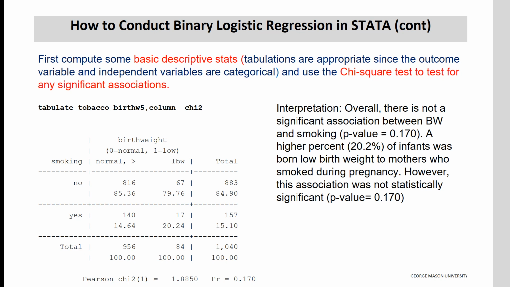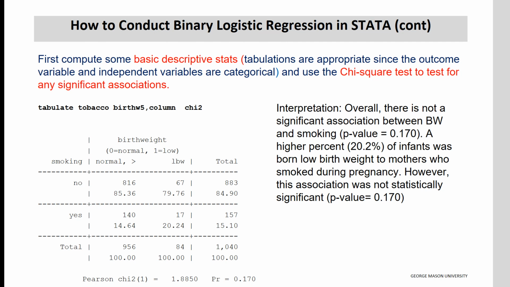So we can use the command tabulate, then the variable tobacco, which in this case stands for smoking, and it's the variable that goes into the rows. Birth weight is the dependent variable, and we place that second so that it goes into the columns. Comma, we would like to compute column percents and compute the chi-square test.